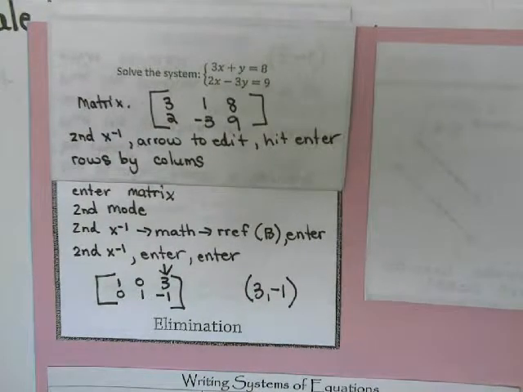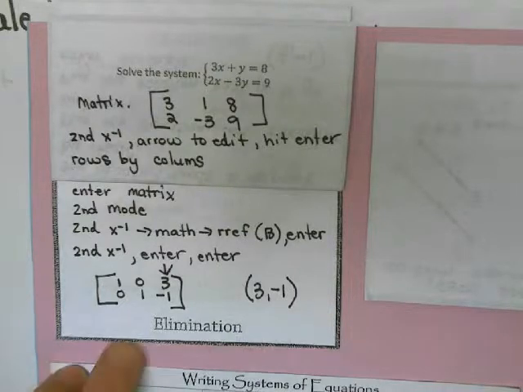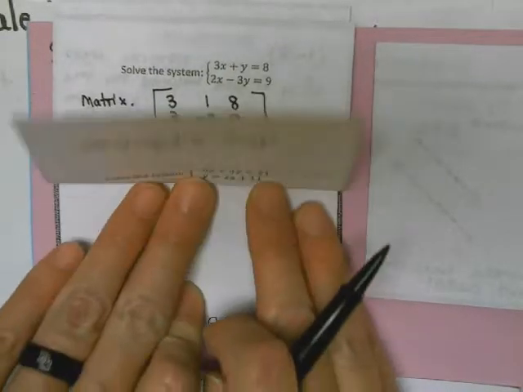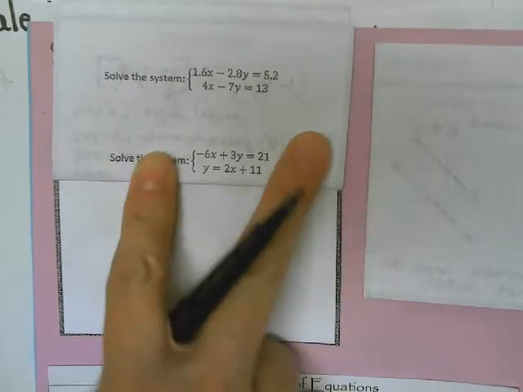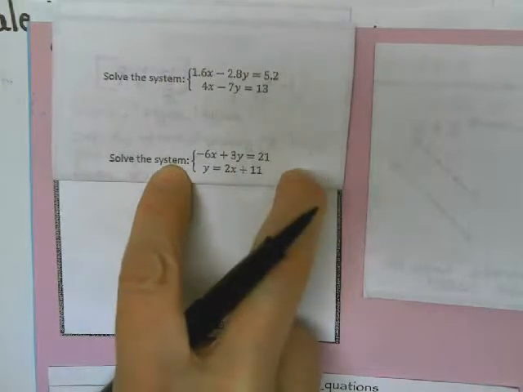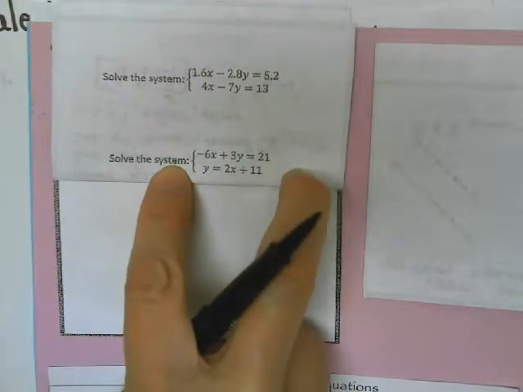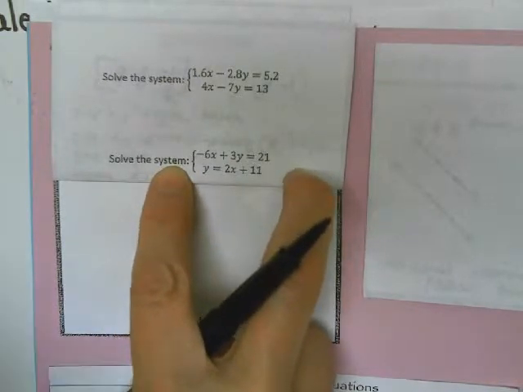So elimination and matrices go together. So you can choose which one you want to do. Special cases typically occur when it's either parallel lines or no solutions.